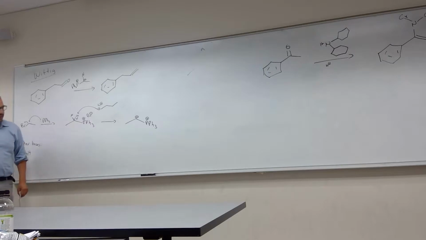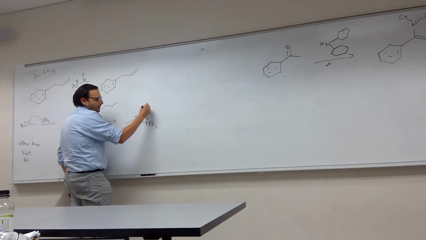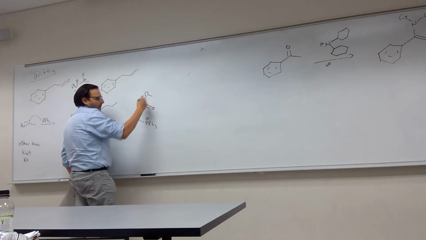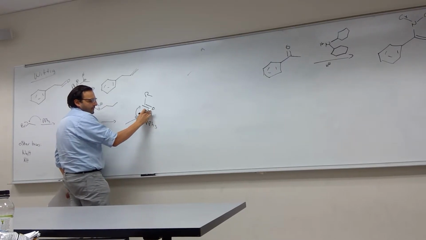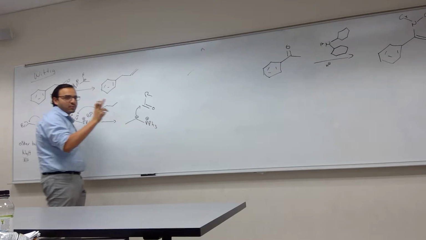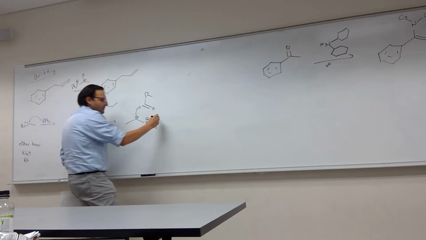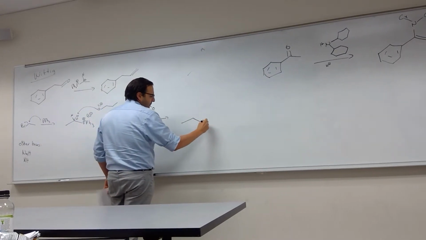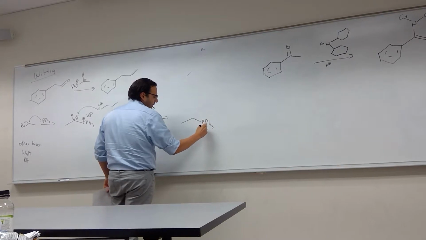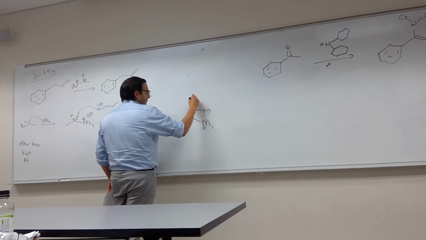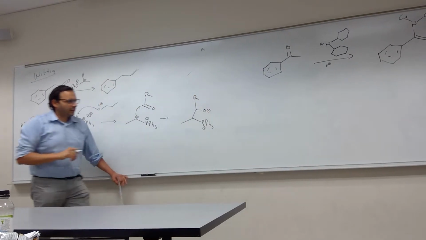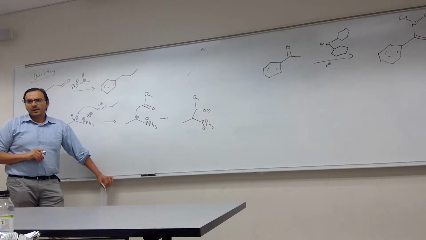Right, so then what happens next, if you guys remember, attacks, and this doesn't go through a concerted mechanism. So in this case, you go to the betaine, that's what you end up with. Right?